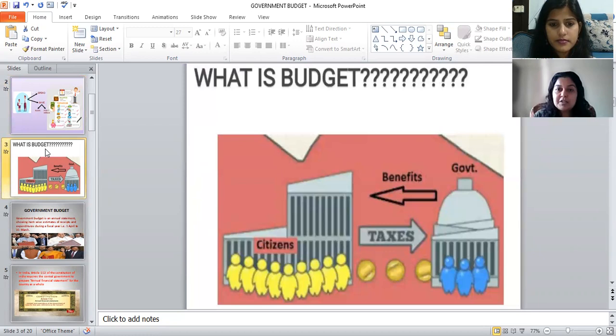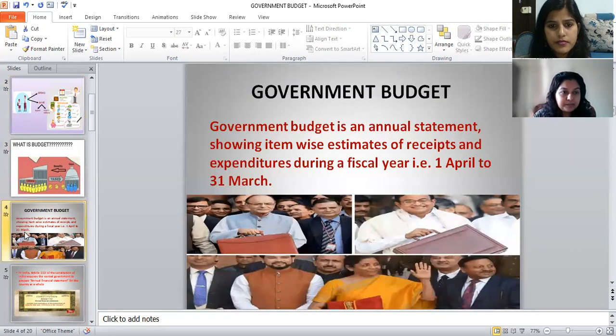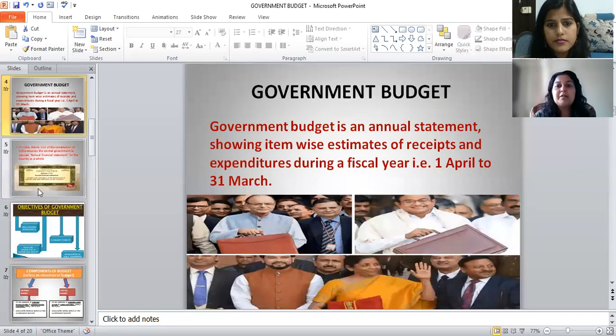So what is a budget to the government? Similarly, the Indian government plans a budget for the country to function properly. The government budget is an annual statement showing item-wise estimates of receipts and expenditure during a fiscal year, that is, 1st April to 31st March.